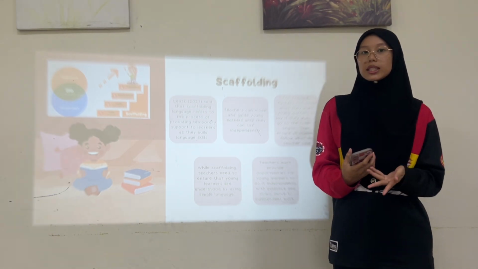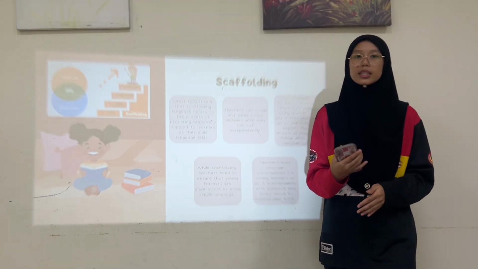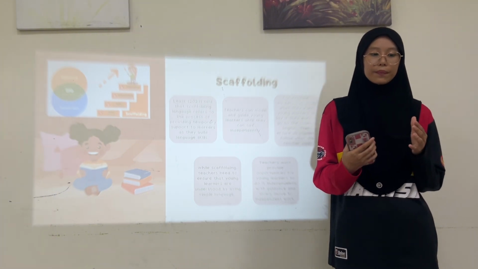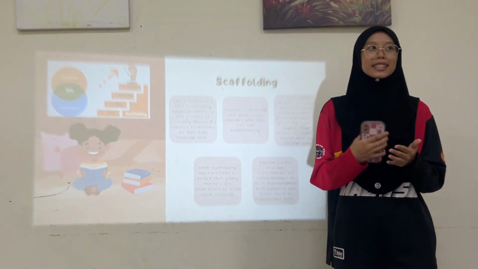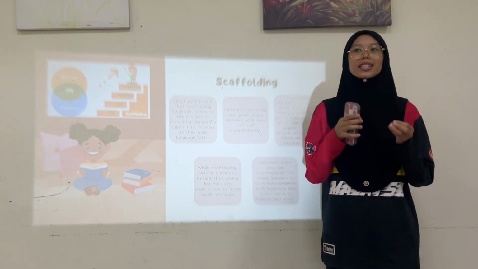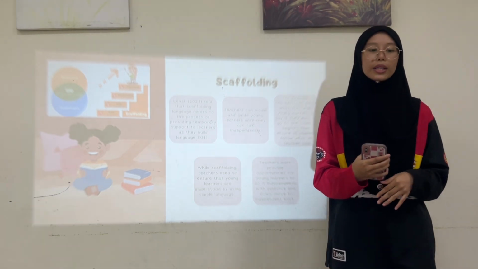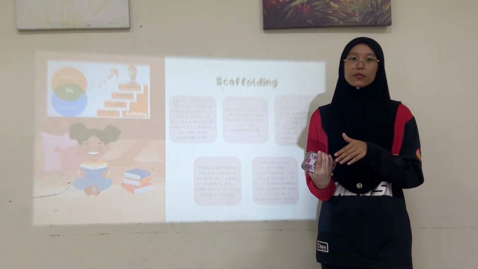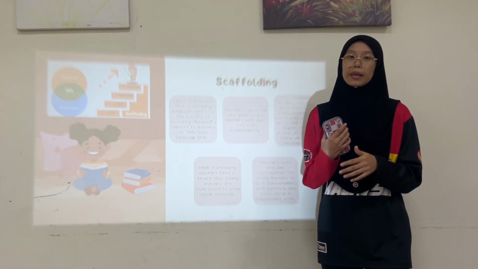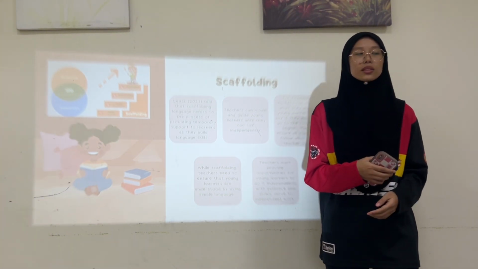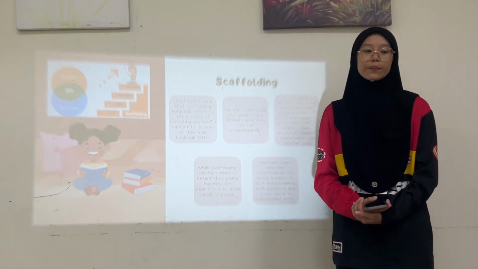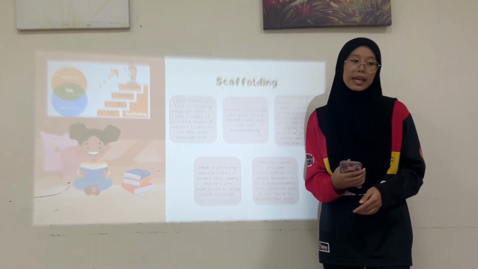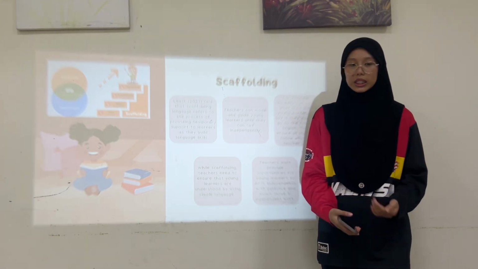While scaffolding, teachers need to ensure that young learners understood by using simple language. Teachers must provide opportunities for young learners to work with guidance and slowly move to independent work. This approach helps students build confidence and independence in using English.